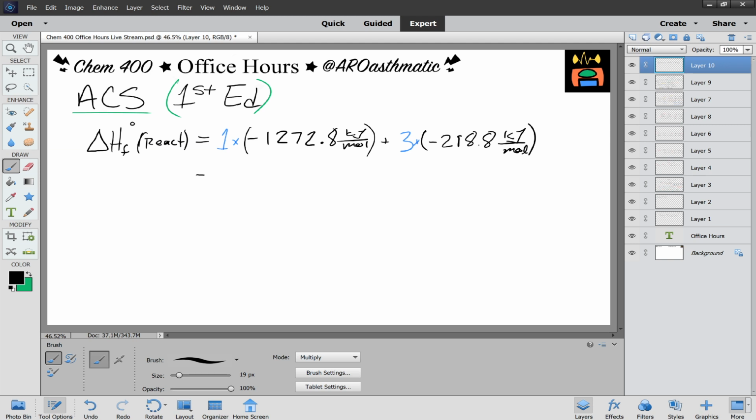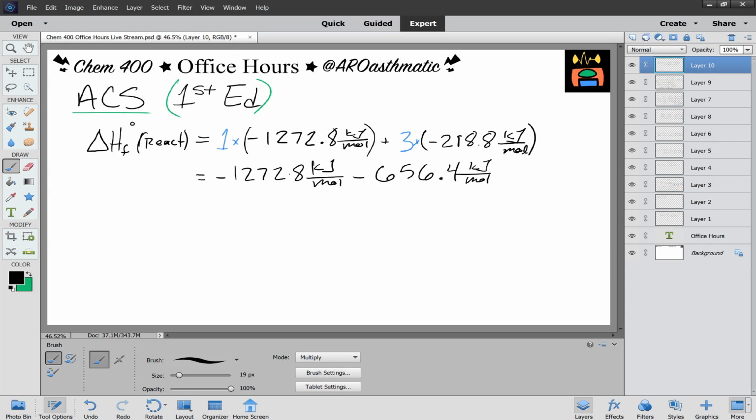So this will be negative 1272.8 kilojoules per mole minus, let's see, 218.8 times 3 is negative 656.4 kilojoules per mole.